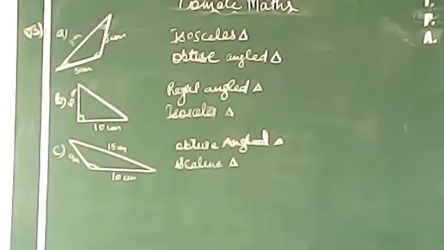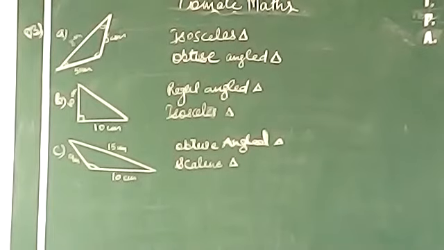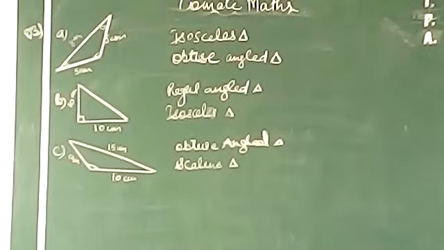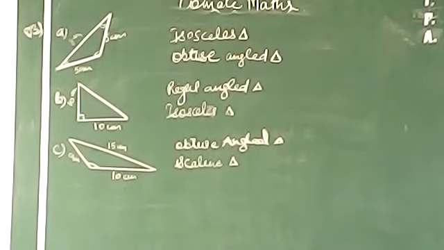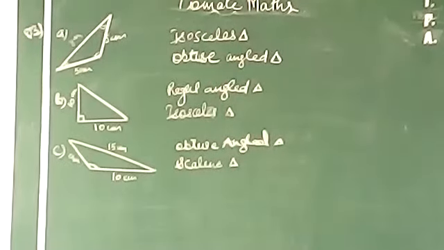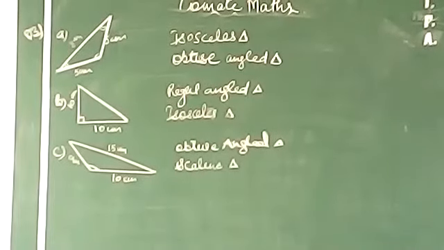So the answer for the first question would be straight angle. They have given here. Check first. Now question number 2. Okay, so question number 1 was straight angle, 180 degree.